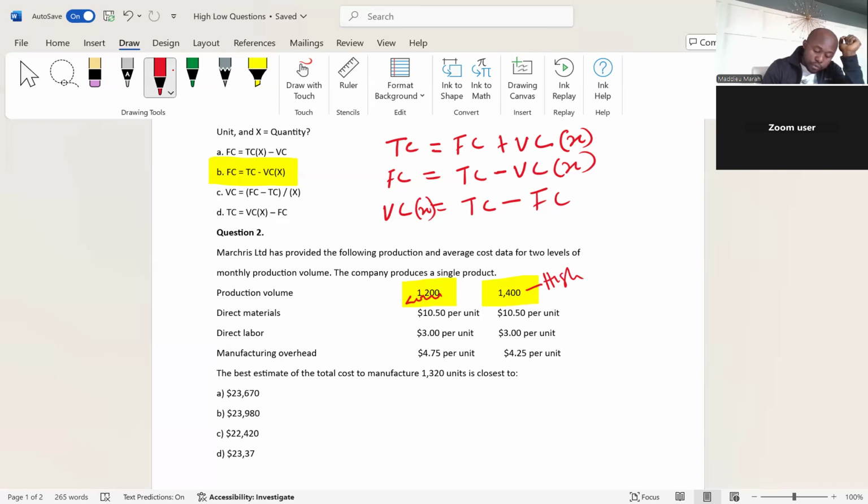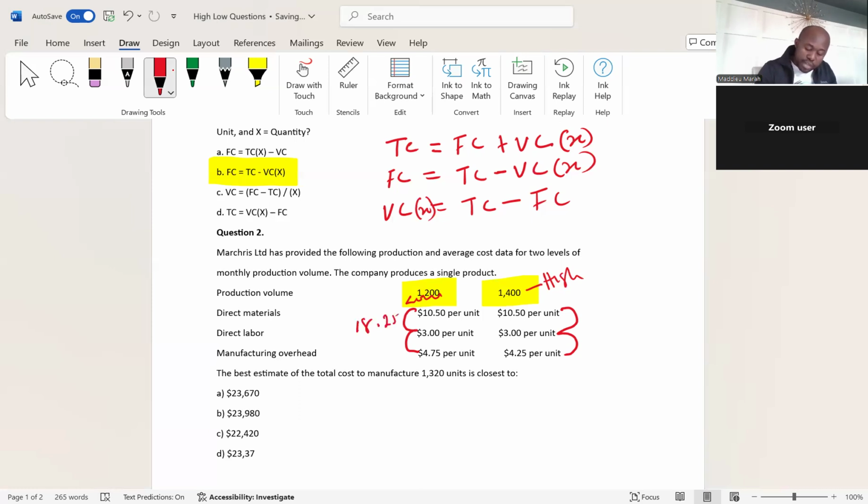For the first volume, we take this plus this plus this, and the same for the second. Let's add. 10.5 plus 3 plus 4.75 gives me 18.25.